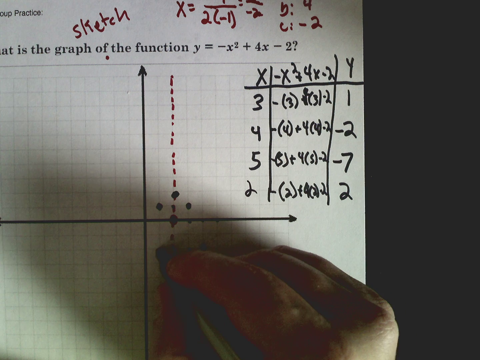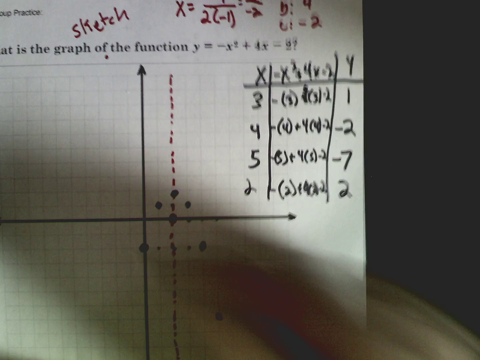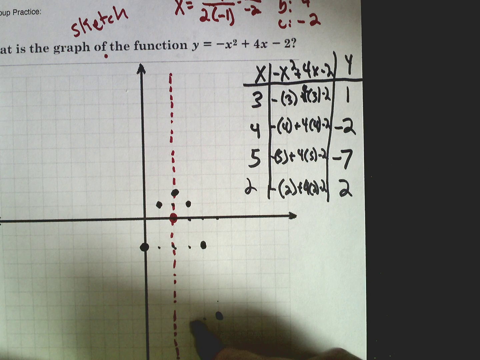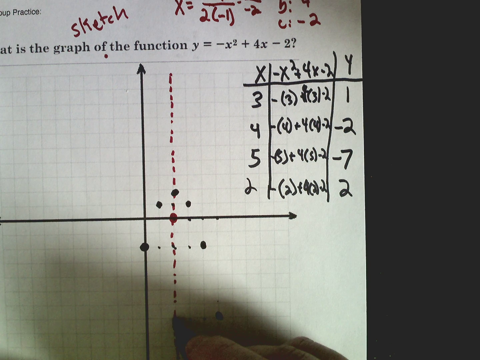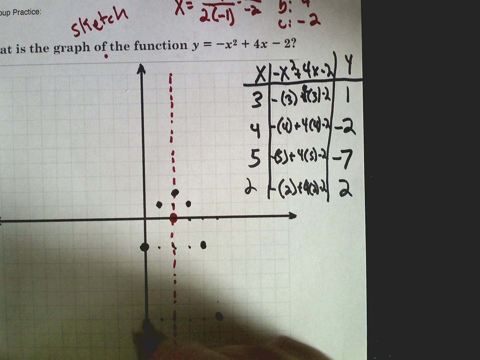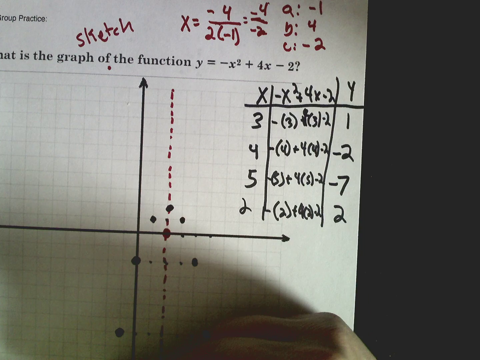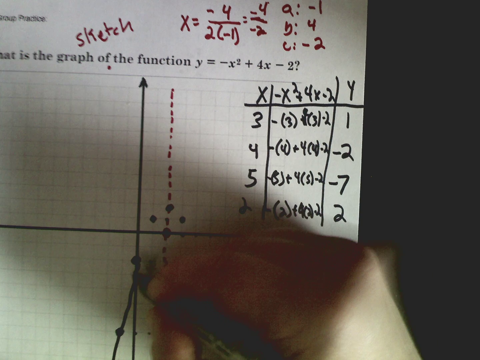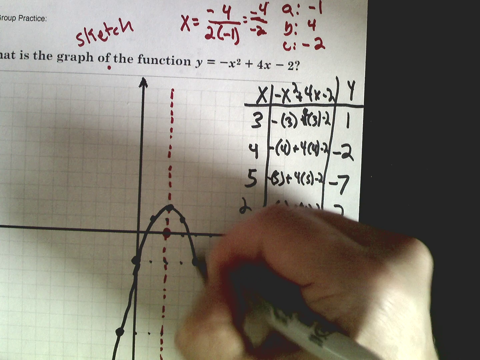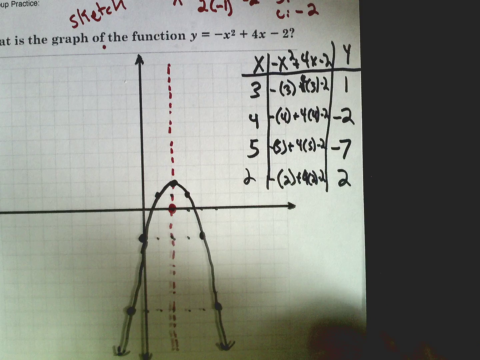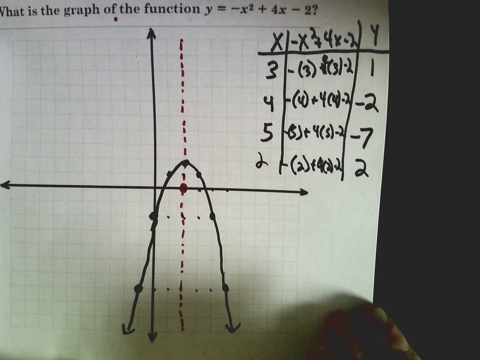So I go over 2 in this direction. And finally, this one is 3 from the axis of symmetry. So I go 3 in this direction. And then look at that. Here is my parabola. Very interesting.